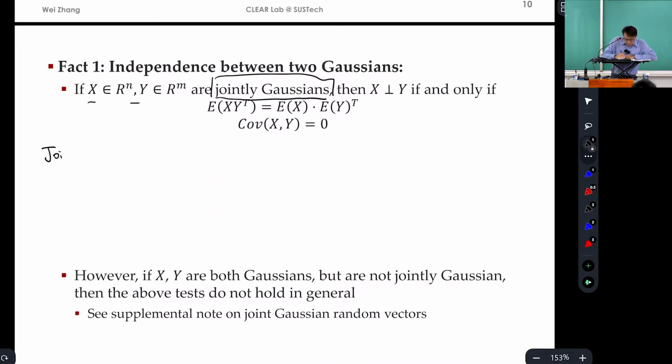So let me say jointly Gaussian, I will say by definition means what? Means x, y as a whole vector. Let's say as a whole vector.